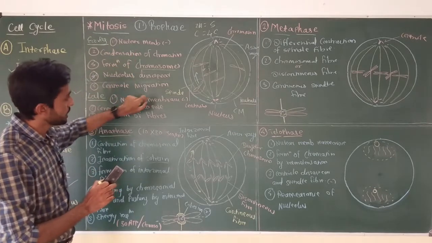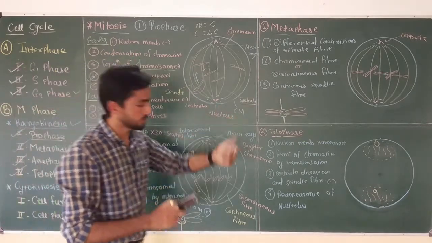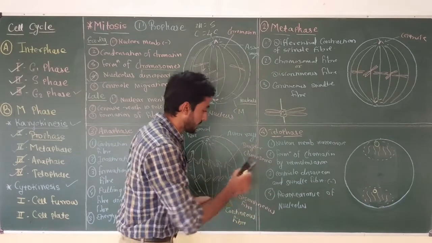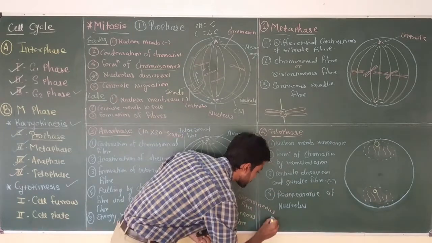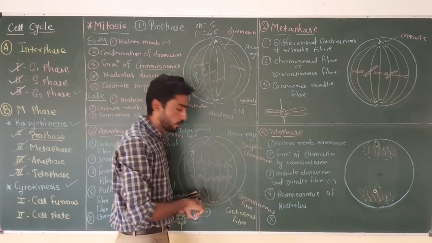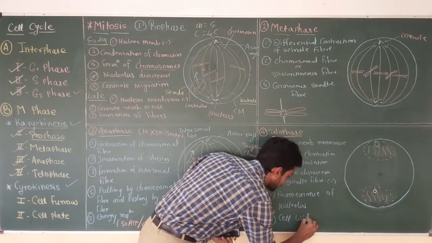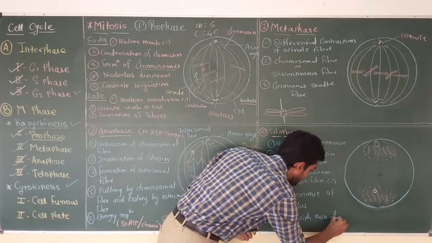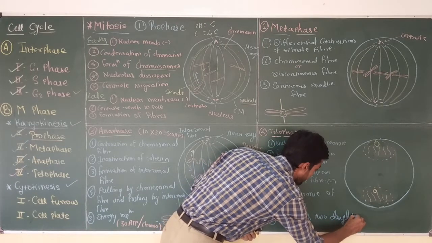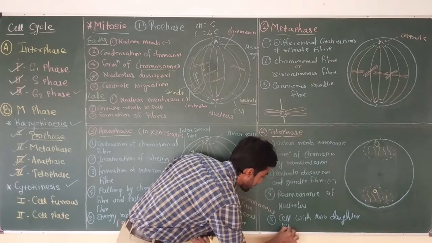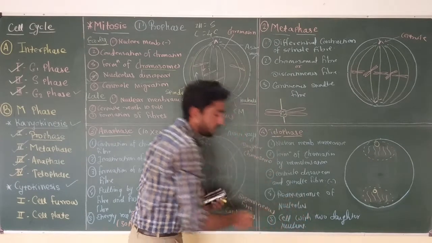All the changes that occur in the cell during prophase get reversed during telophase, and at the end of telophase, we will have a cell with two daughter nuclei.